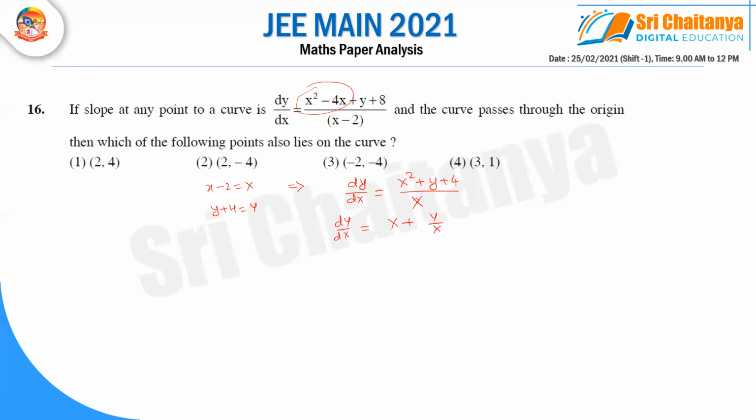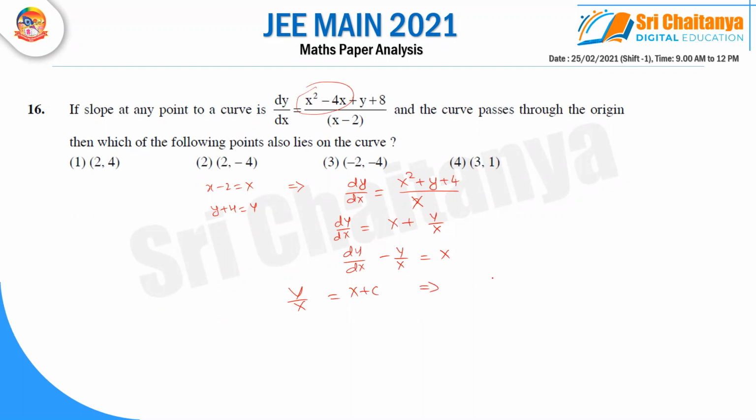So when I get this, I will just do the normal calculation, like getting terms to one side. If you remember the linear differential equation, if you are solving this, finally you will be getting the answer as Y by X equal to X plus c.